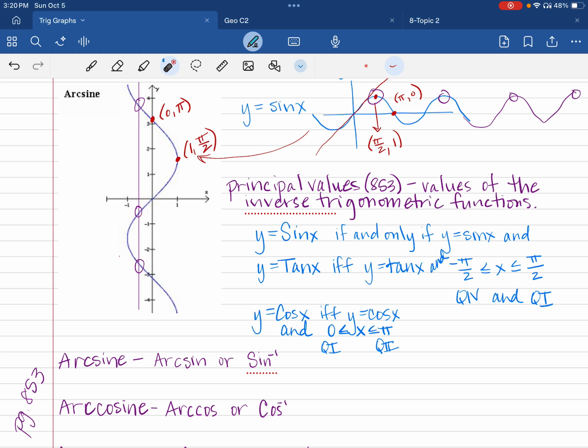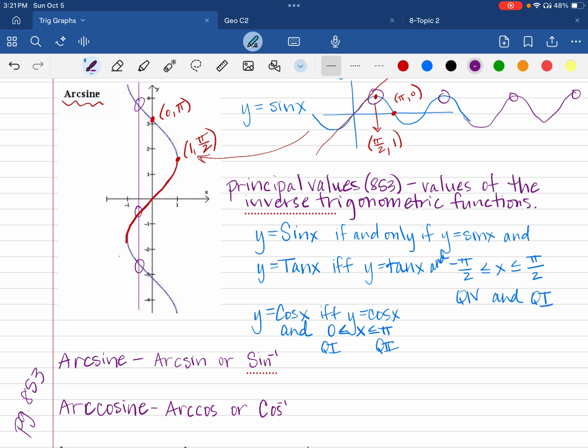I mean, they all kind of look similar, but we have to restrict the domain because otherwise we're going to end up with a lot of values on any given vertical line. Okay, I'll just draw these in. So arc sine is this bit.